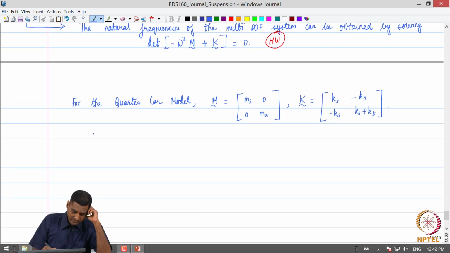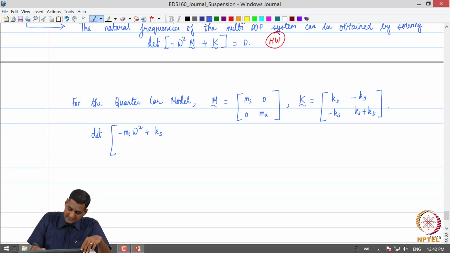Now if we put them together, we will have the determinant of minus ms omega squared plus ks, then minus ks, then minus mu omega squared plus ks plus kt, equal to 0.